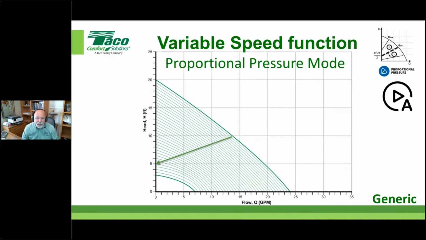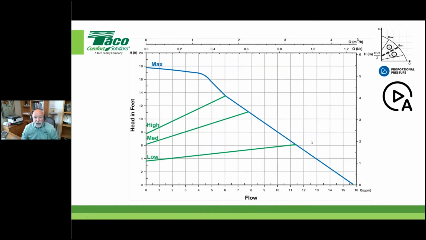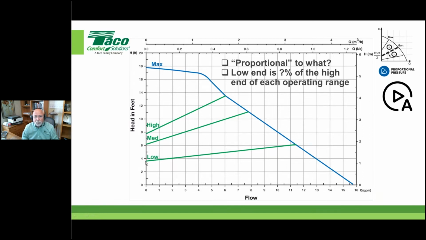Remember that. Everything's based on what that particular circulator would do at maximum speed. As we slow it down, we move down in a particular pitch. We can actually look at somebody like Taco or a brand X, Y, or Z, look at their curves, and you can make a determination what that percentage was that was written into the algorithm of that particular pump.